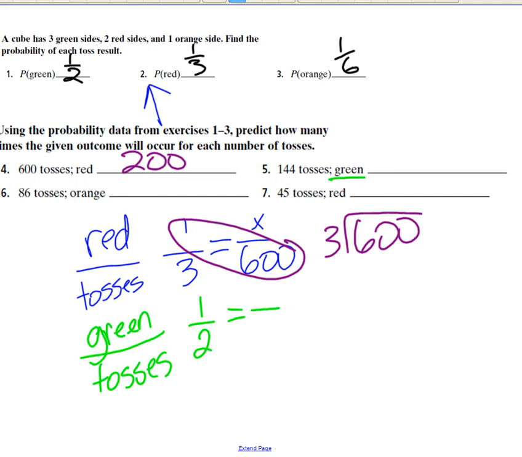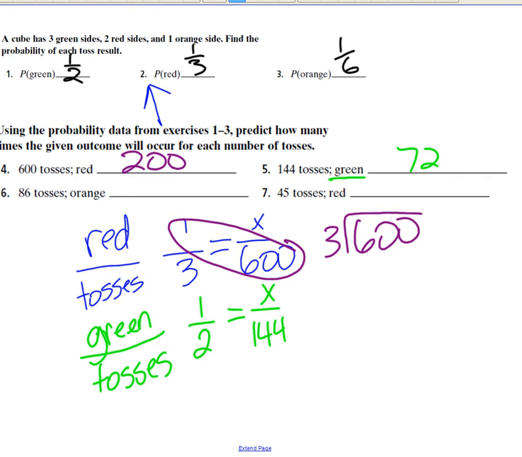And what's going to go on the right side? 144, is that the number of green or the number of tosses? That's the tosses, so that'll go on the bottom. X on top. So it's 144 divided by 2, it's like 72. So that does work out too.